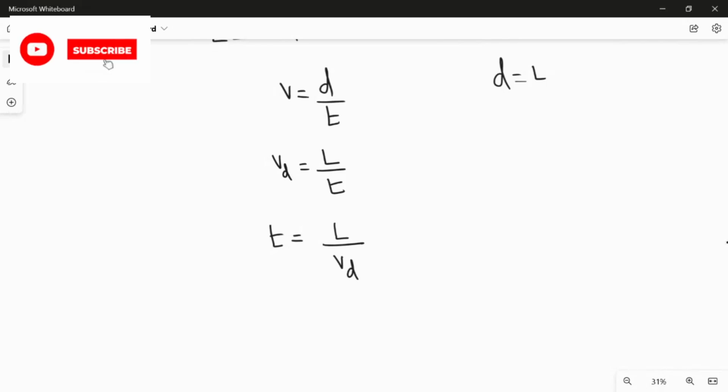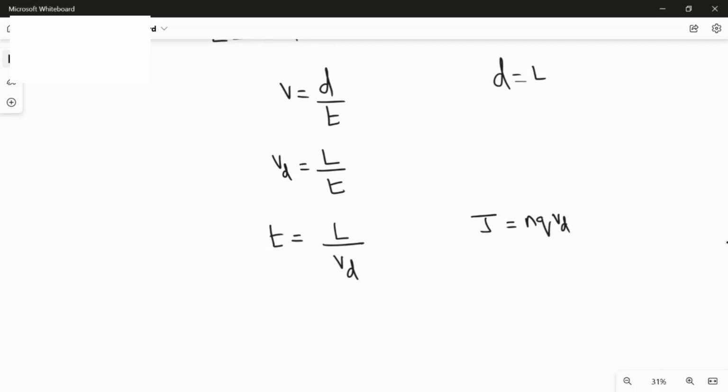Therefore, the time is equal to the length of the wire, which is the distance, divided by the drift speed of an electron. We don't have the information about the drift speed, but I'm going to use the relation between the current density and the drift speed, given by the equation J is equal to N Q multiplied by the drift speed, where N is the number of charge carriers, Q is the charge value 1.6 multiplied 10 power minus 19, taking only the magnitude because this is the electron, and the drift speed is Vd.